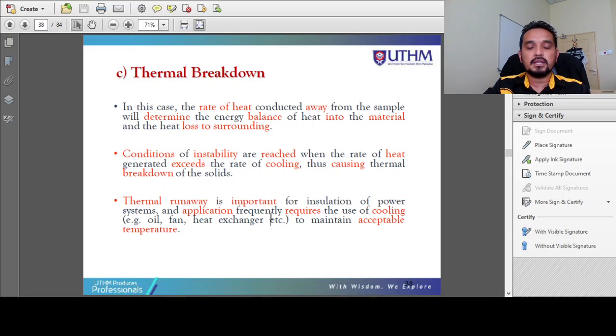Thermal runaway is particularly relevant for insulation in power systems that require cooling. That's why we need external cooling factors like oil, fan, heat exchanger, and external liquid cooling systems, to maintain an acceptable temperature below the thermal runaway temperature.